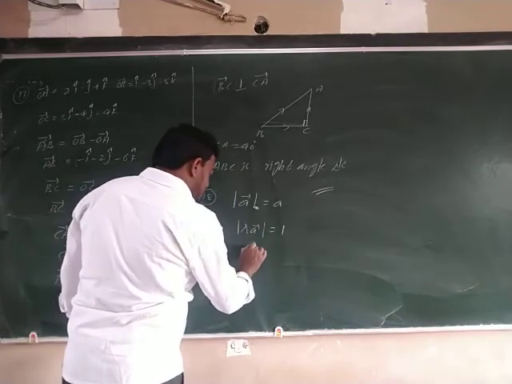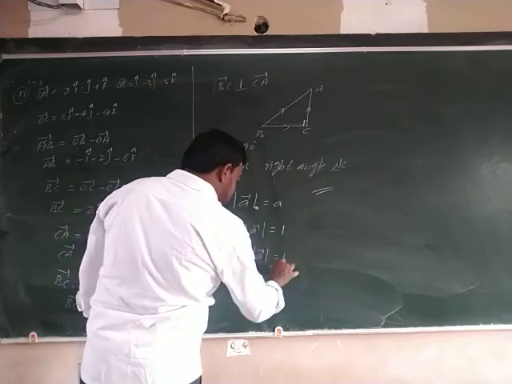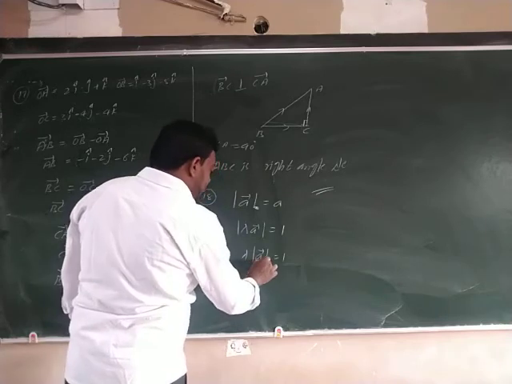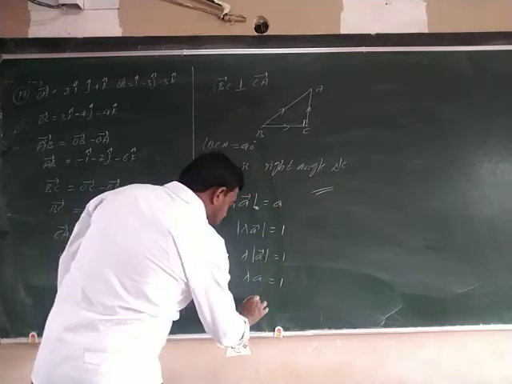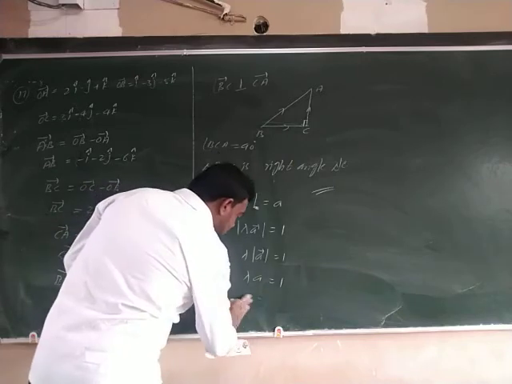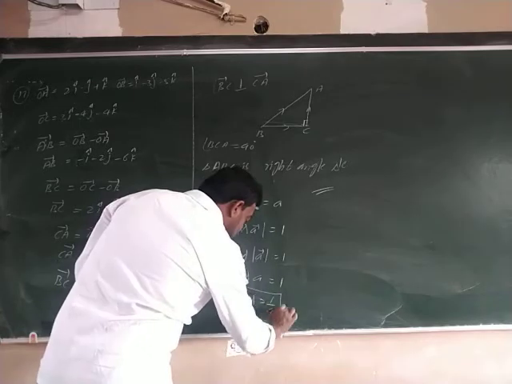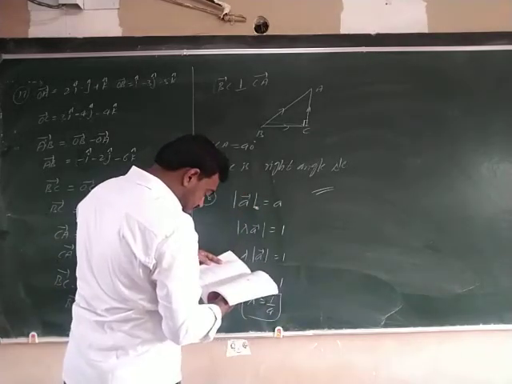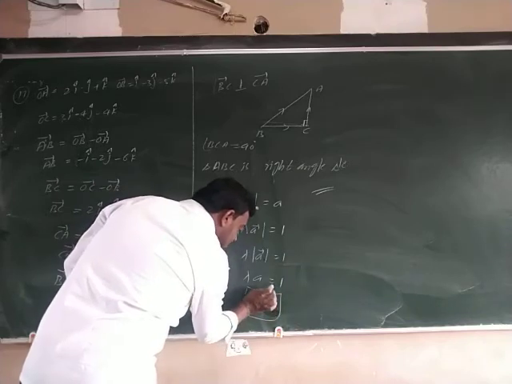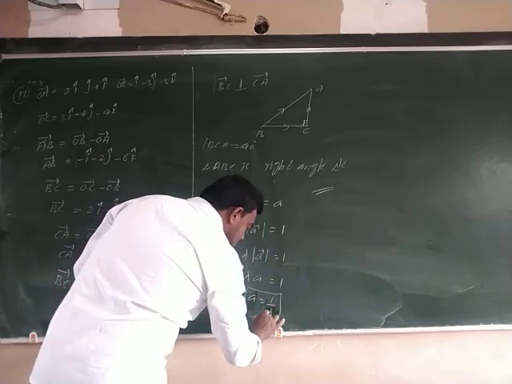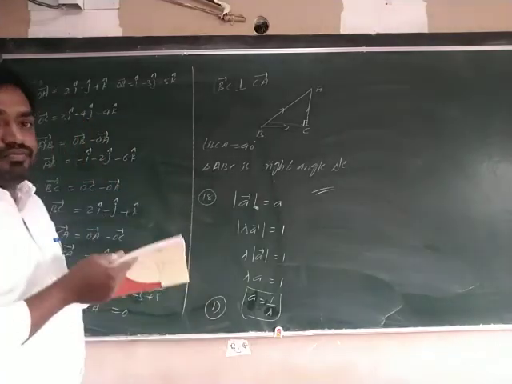Lambda is a constant, so lambda times the magnitude of A is equal to 1, that is lambda times a is equal to 1. So a is equal to 1 by lambda is the answer. Which is the right option? Here a equals 1 by lambda is an option. D is the right answer.